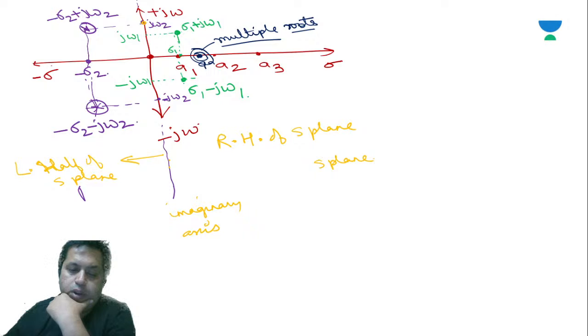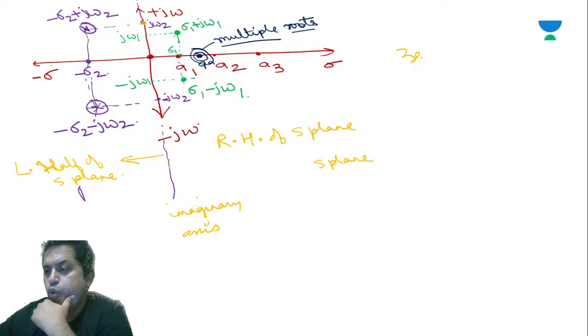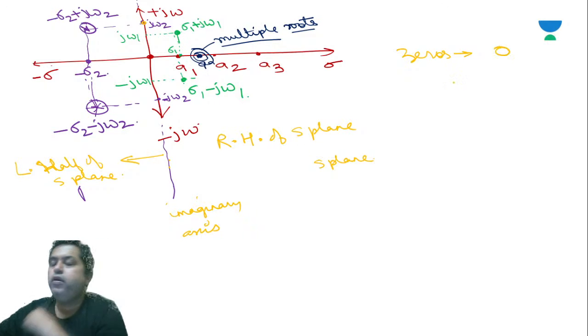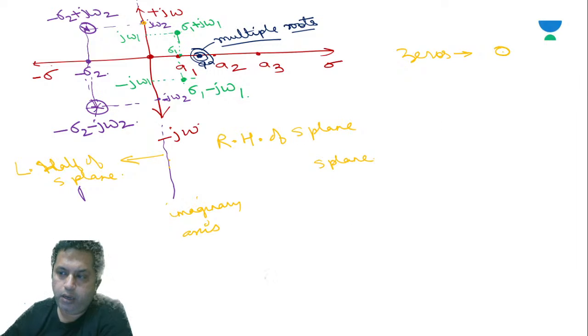And whenever you are talking about zeros, these are denoted by circles.